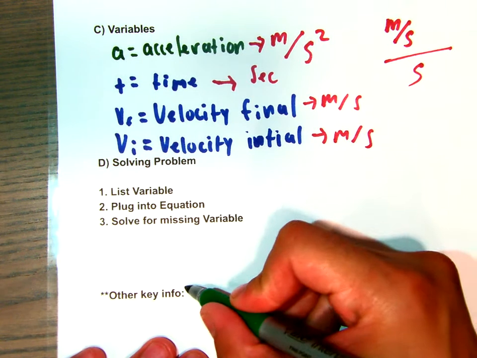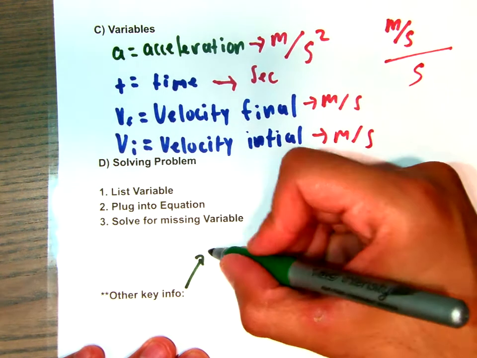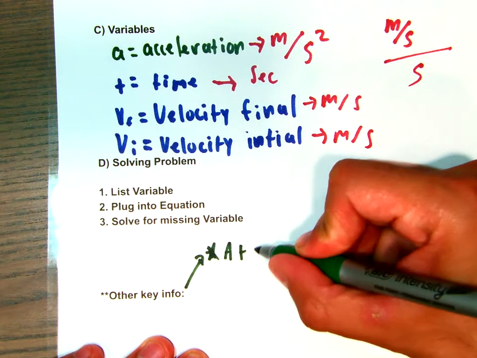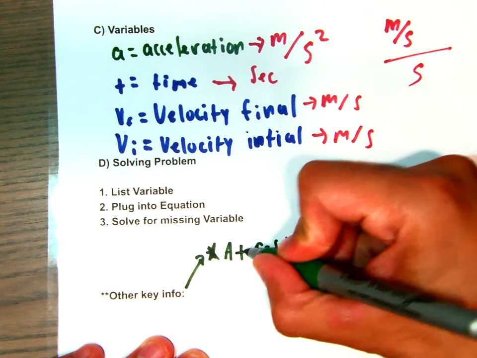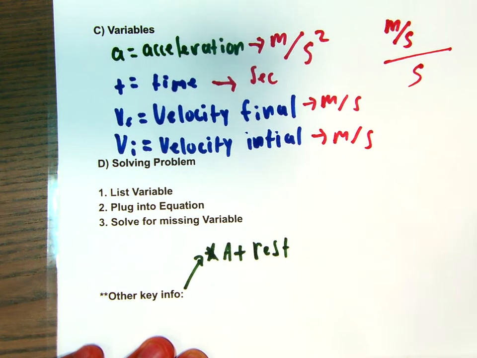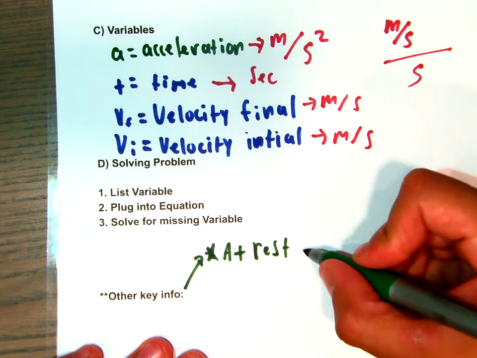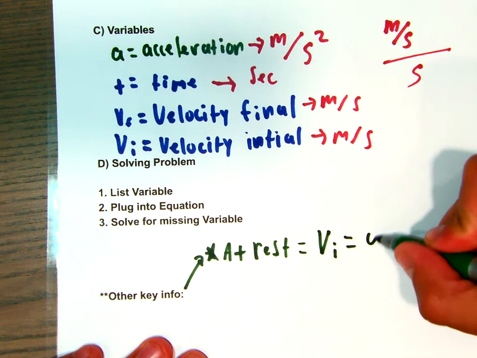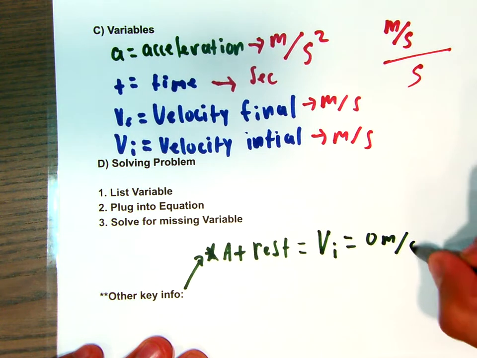So first, if we see something that says at rest, okay, that actually is giving us some information. It's giving us a hint. If something's at rest, then the starting speed is zero. It's not moving, right? So that means if you see at rest, my initial velocity is 0 meters per second.